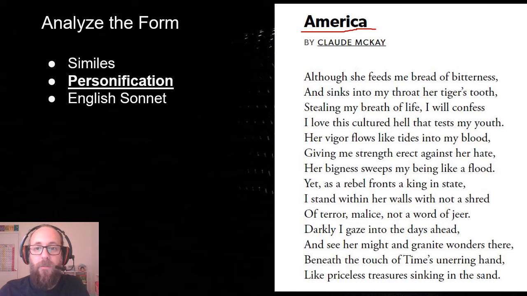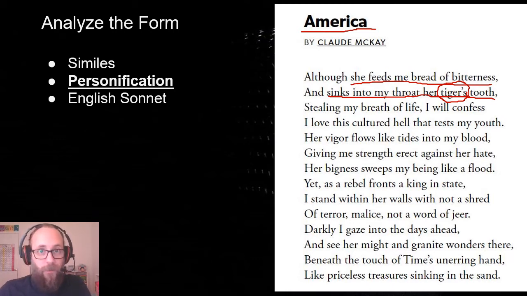Although she feeds me bread of bitterness and sinks into my throat her tiger's tooth. So right here we get two of them, right? She's feeding the speaker, and she's sinking into the speaker's throat her tiger's tooth. Yikes. This is personification into an animal, okay? So he's actually referencing America as kind of a predatory animal here.